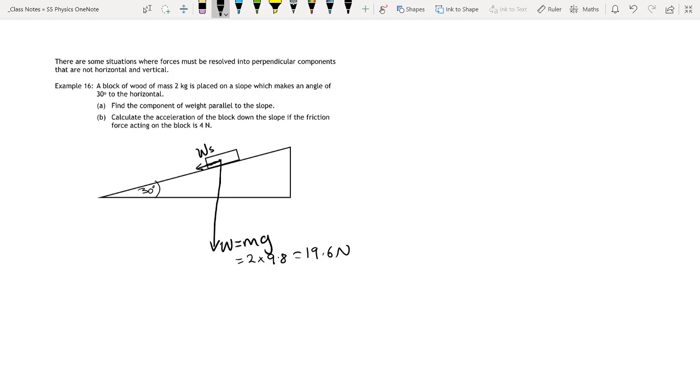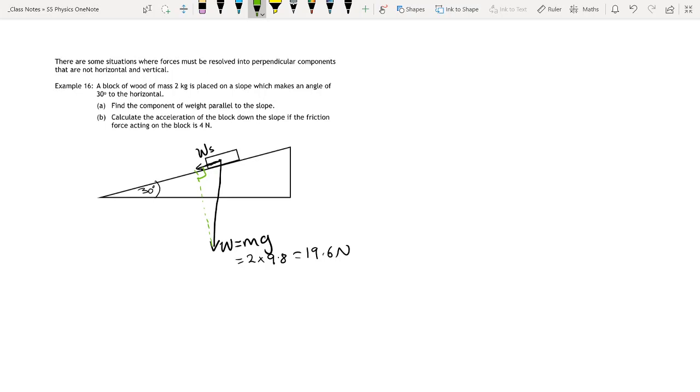So we've got a triangle forming here. If we join those two up, a right angle triangle. We want to find WS.